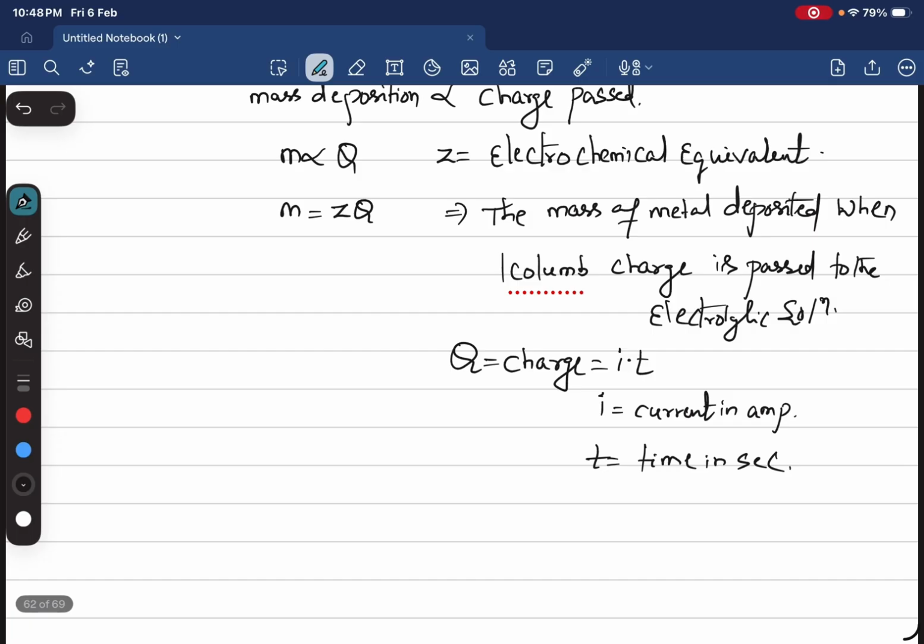First law of Faraday. Here there is one more term called E. E is called the chemical equivalent.